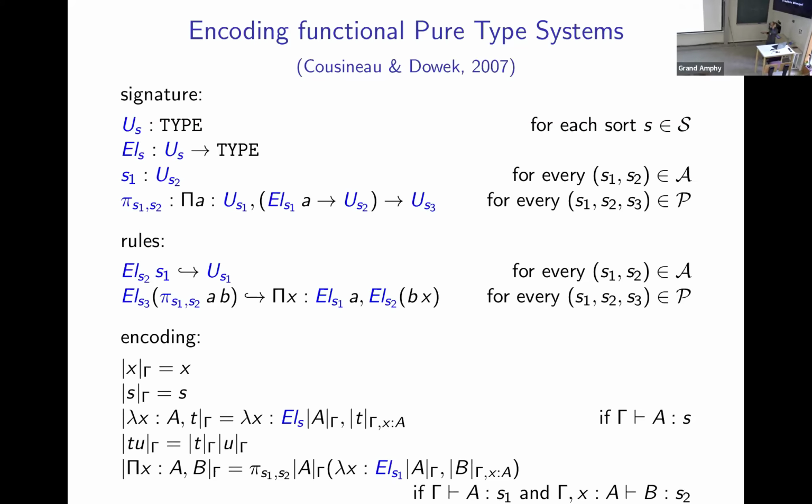So if S1 is of type S2, then you need to interpret S1 as the universe S1 itself. And the product is interpreted as the product over the corresponding universes.